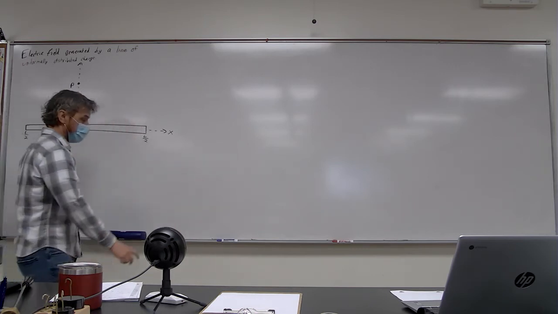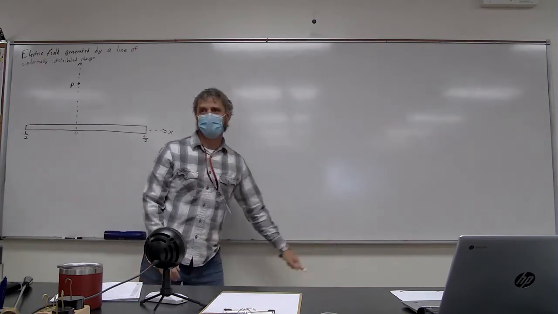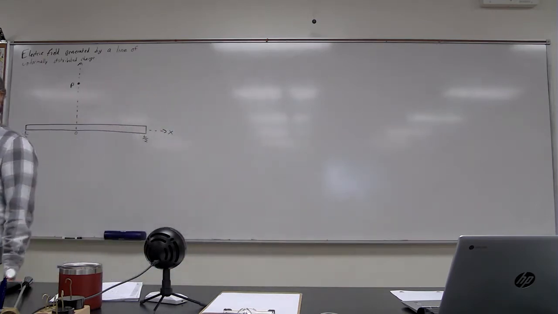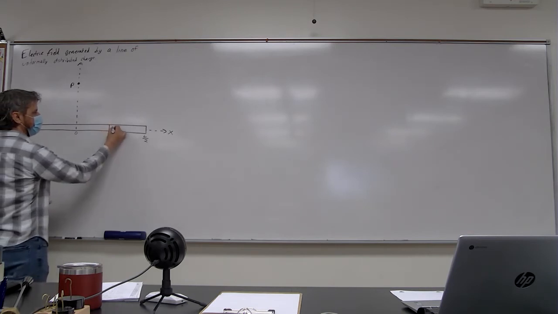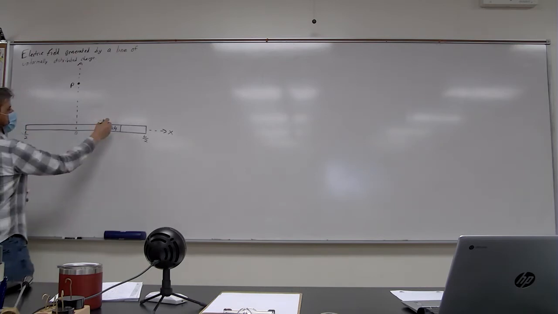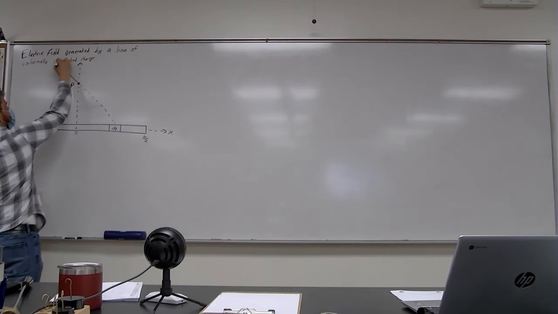Okay. And from that symmetry, I can already tell that the electric field in what direction is going to be 0? Why? The x direction is going to be 0. Because if I draw my representative charge dq right here, it's going to create an electric field pointing in this direction, right?